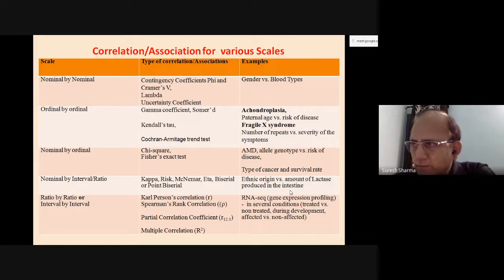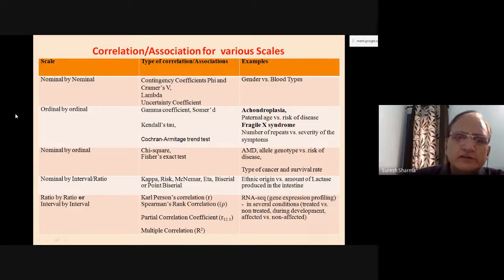Everybody's pancreas is creating some amount of lactase, and that can be measured. So ethnic origin versus amount of lactase, whether Asians produce more, whether Africans produce more, or Americans produce more, something like that. So if this is the situation, then you have nominal by interval, and here we are going to compute the eta coefficient, the best one. Of course, kappa, risk, McNemar, others can also be computed.